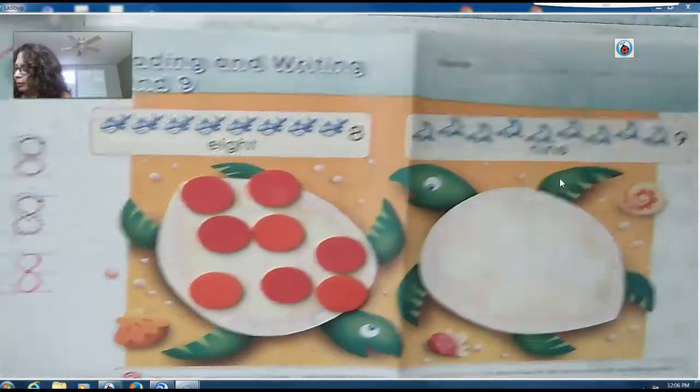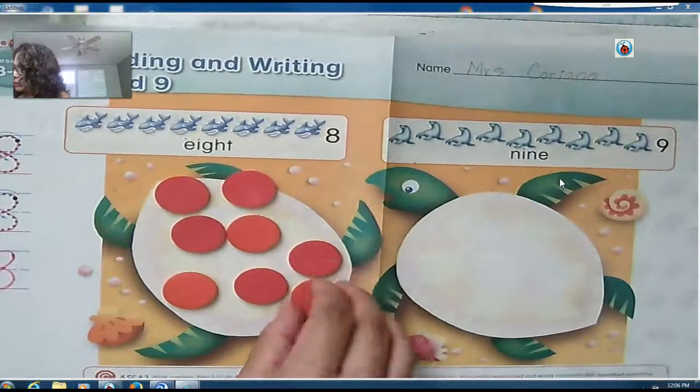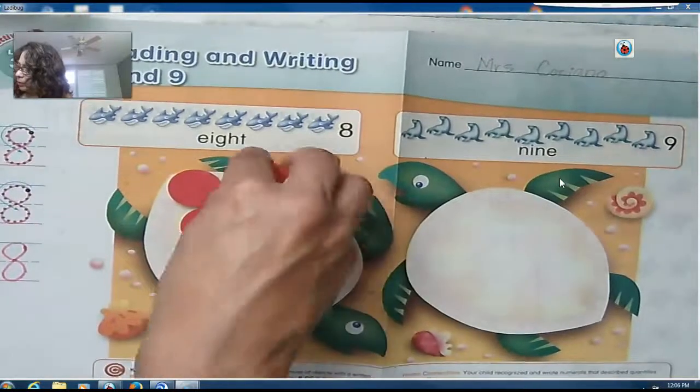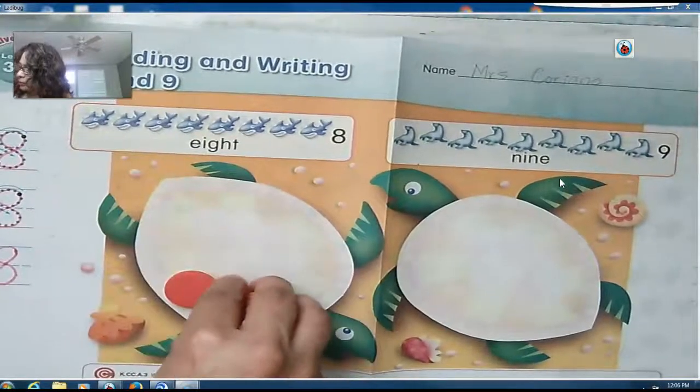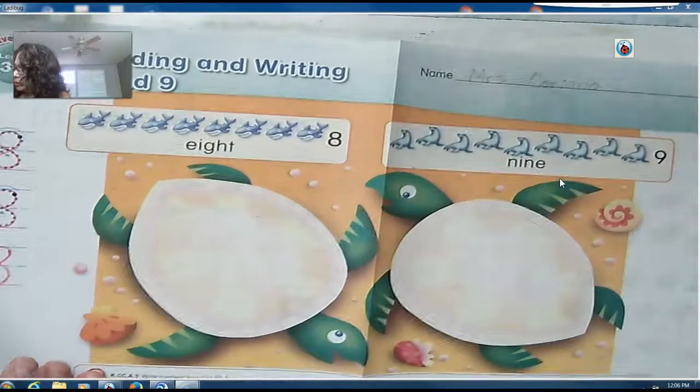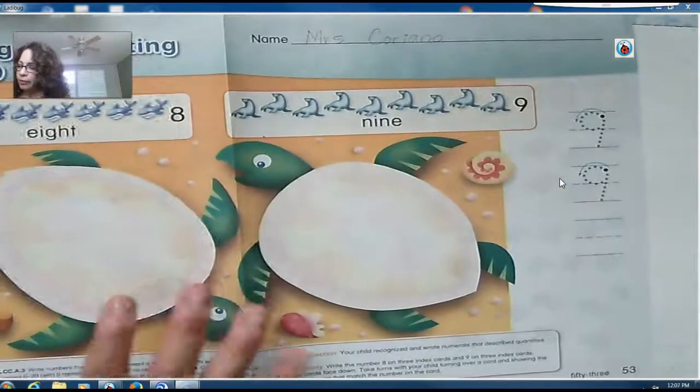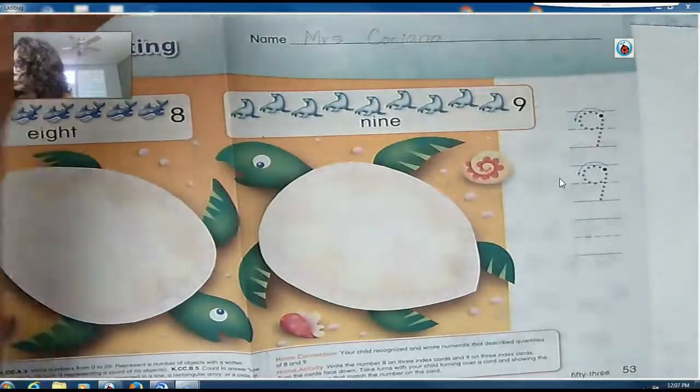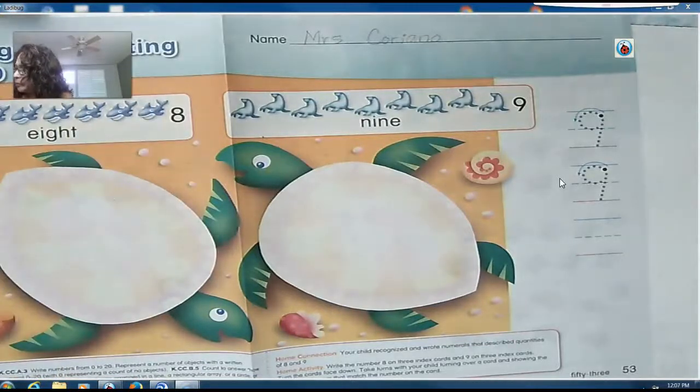Alright, so now we are going to represent the next number on the other turtle. So we're going to pick up our counters and we're going to listen to Mrs. Koyano's story again. Peter saw 9 seals swimming in the ocean. How does he represent that with counters?